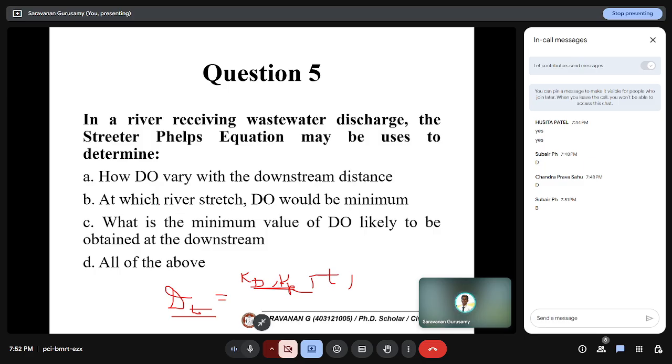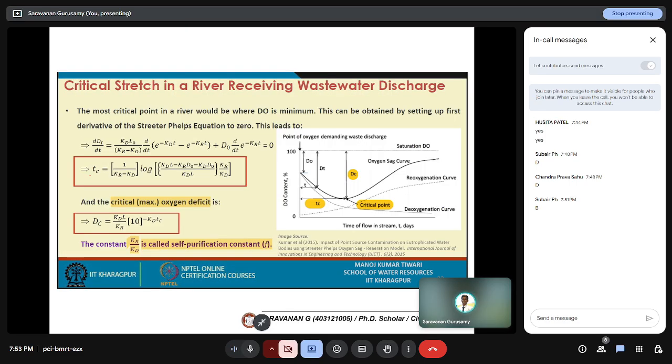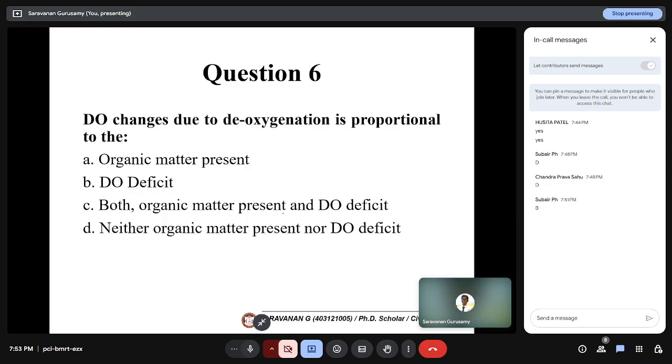So the Streeter-Phelps equation is used to find how DO varies with downstream distance, at which river stretch DO will be minimum, because it will give you the critical point and critical time also. We can integrate the formula and get the result. So all the above is correct. The equation will give you Dt. It also gives you critical time and critical distance, at what time the DO will be minimum. Everything we can get with the Streeter-Phelps equation. Get it?